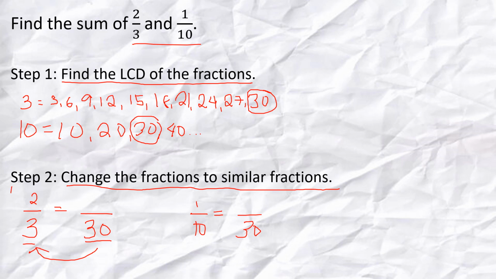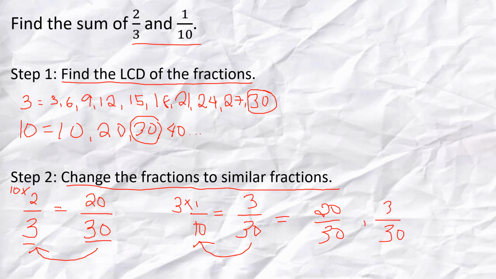We will get 10. And then multiply the answer to the numerator. We now have 20 over 30. On the second one, 30 divided by 10, we have 3. 3 times 1, we have 3. So the new fractions are 20 over 30 and 3 over 30.